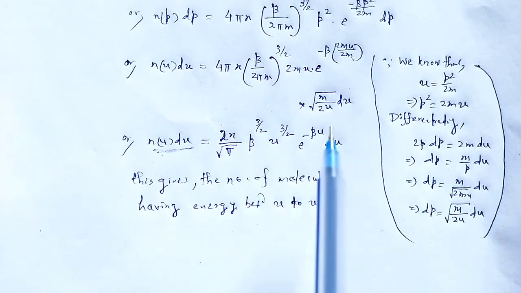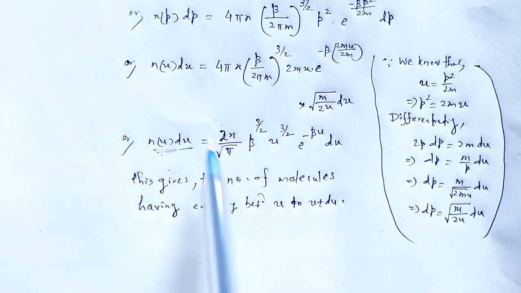So the total energy of the system consisting of N molecules will be what?